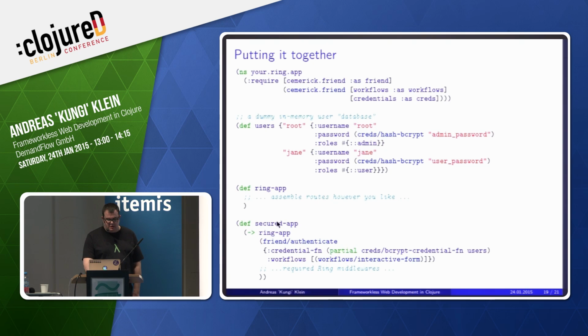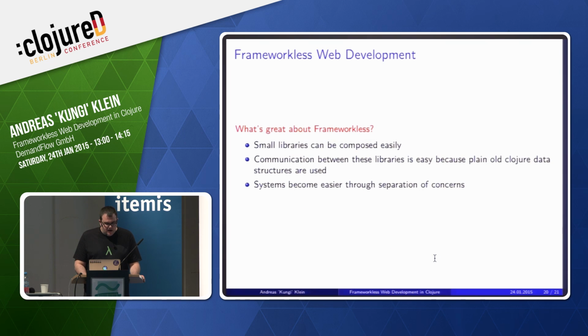So we can def some secured app here, use our Ring application, and then wrap the authentication workflow mechanism as a middleware around that. And we can pass in the credential function and the workflows it's going to use. It starts with the first one and then the next one. It tries all workflows. Like you can say, okay, normally I want to have HTTP basic auth. If that doesn't work, I want to have a login form, or in any order. Okay, that's basically it. I hope I'm not too short in this case.